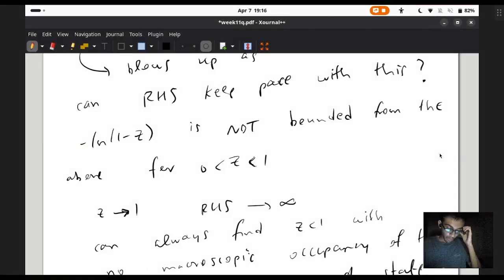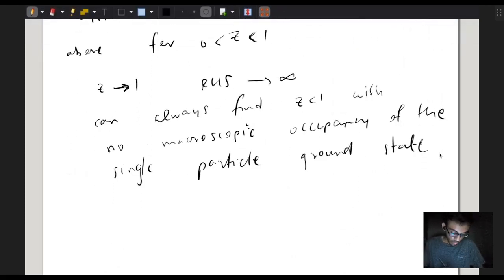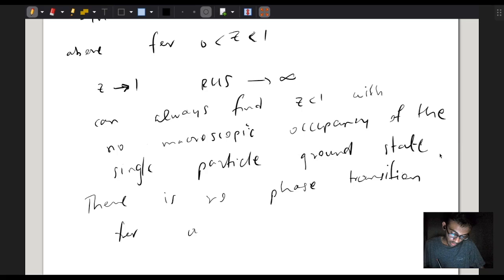So there is no phase transition for any T greater than 0.